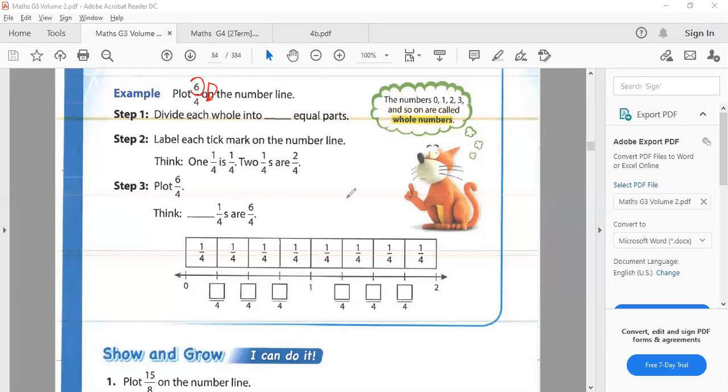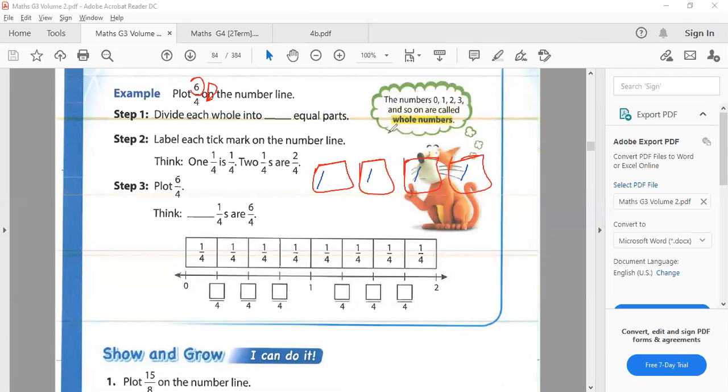Each one will take 1. You have 4, 1, 2, 3, 4. You give each one a cupcake, one for the first, one for the second, one for the third, one for the fourth. So you will still have 2.